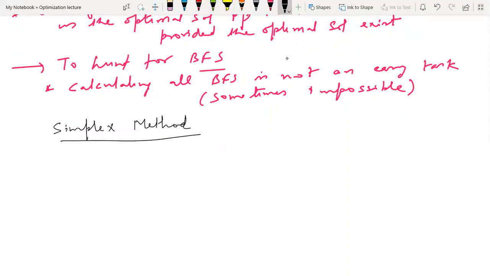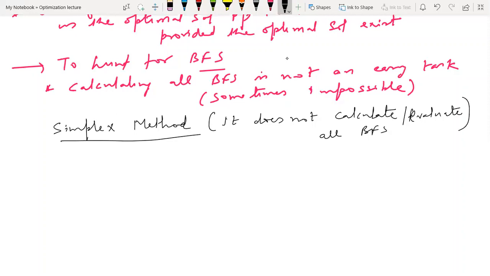It does not evaluate all basic feasible solutions, so we tend to miss many of the basic feasible solutions, with a well-defined algorithm.